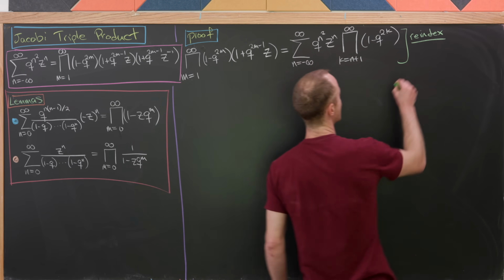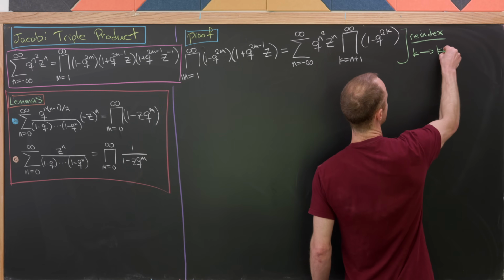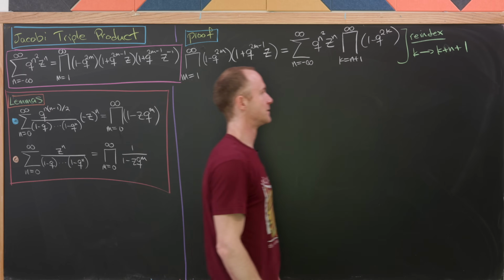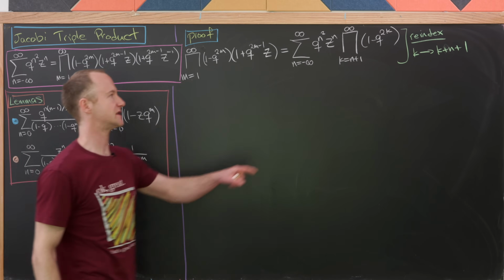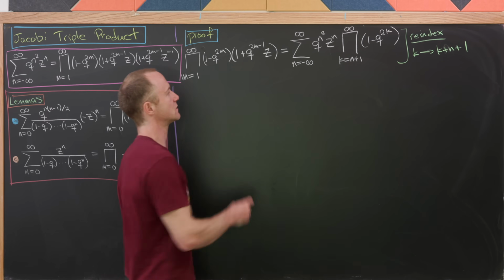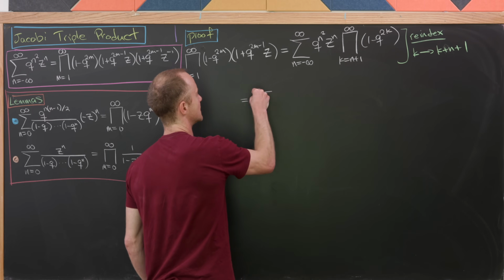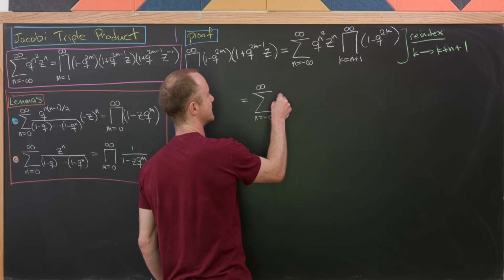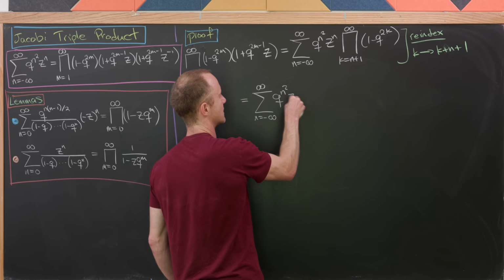And the way to do that is to take all of the k's and replace them with k plus n plus 1. Because if k plus n plus 1 is equal to n plus 1, then k is equal to 0. Okay, so let's see what that's going to leave us with. So I'm going to copy down a bit. So this sum is n goes from -infinity to infinity, q to the n squared, z to the n.